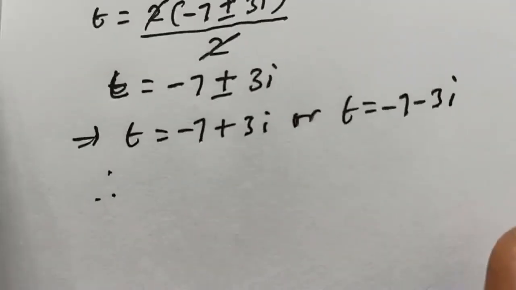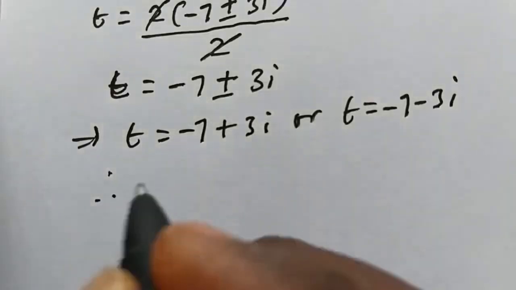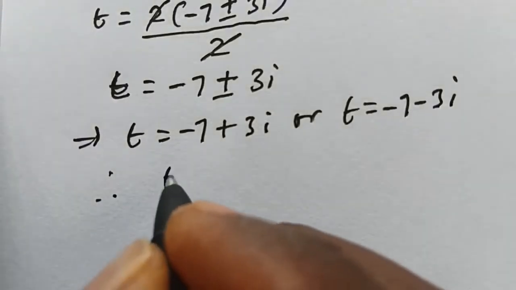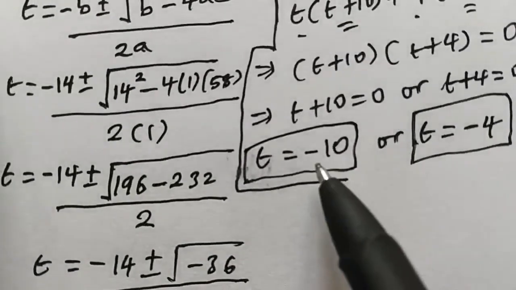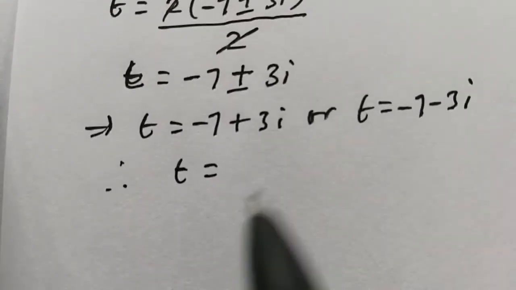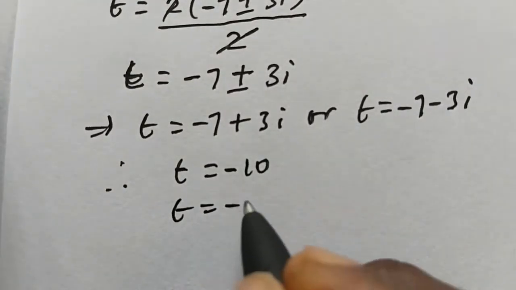Therefore, all the answers that we have for this interesting algebra problem are, the first one is T equal to minus 10 and also T equal to minus 4.